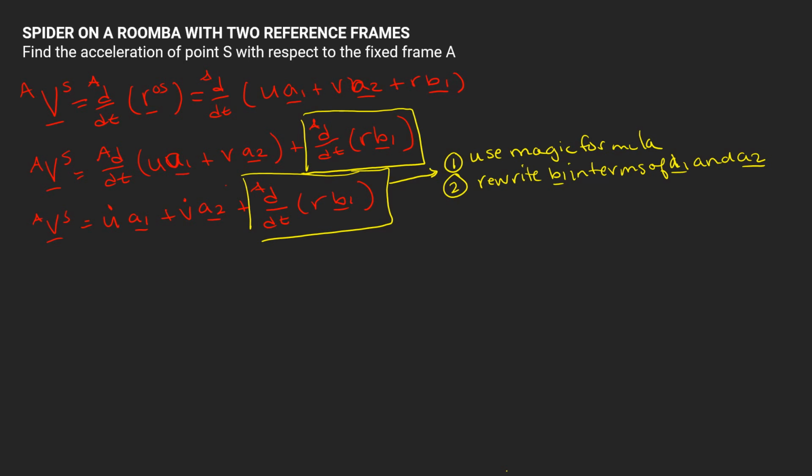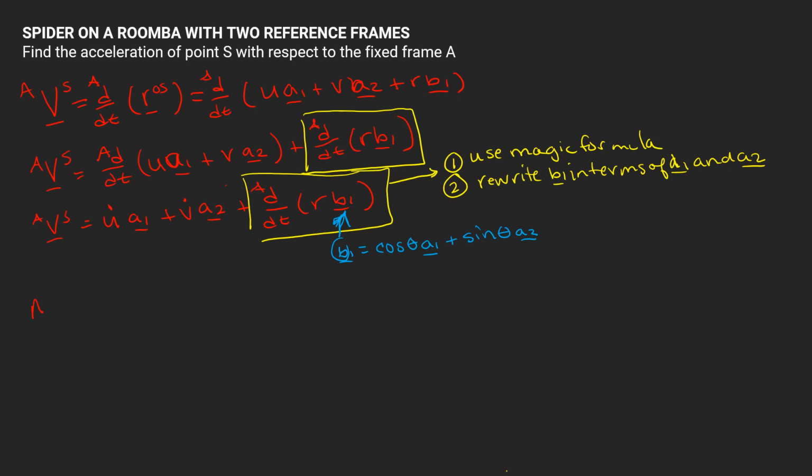So we know that B1 is equal to cosine theta A1 plus sine theta A2, so we can plug that in there.